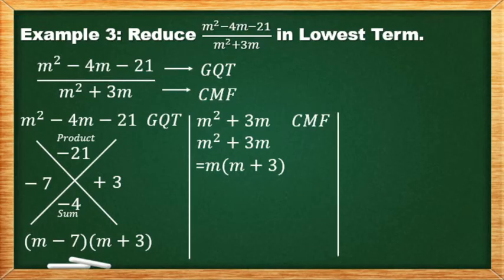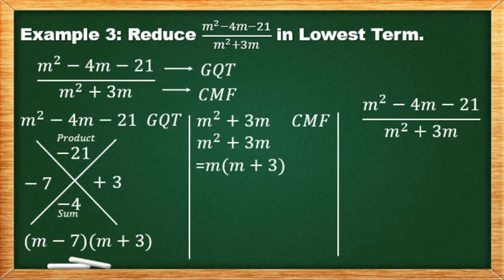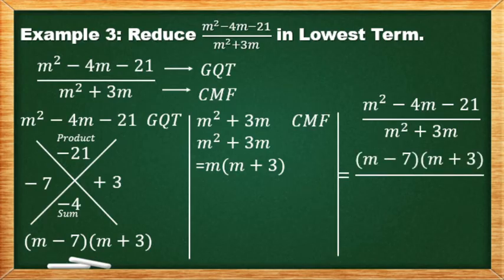Next solution natin, palitan natin yung given by their factors. Yung m squared minus 4m minus 21, ang factors niya ay m minus 7 times m plus 3, all over m squared plus 3m, the factor is m times m plus 3. So, dyan natin ilalagay si m minus 7 and m plus 3, sa baba si m times m plus 3.